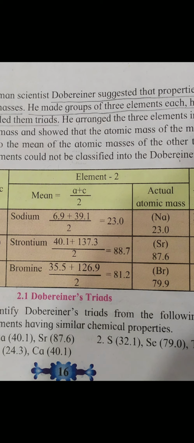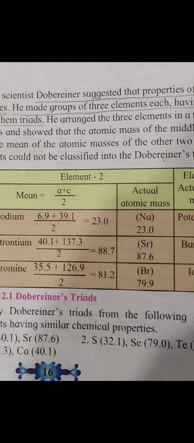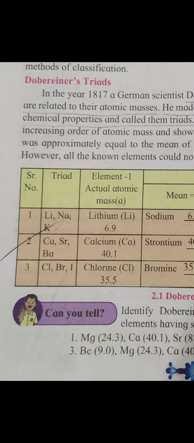See the mean of those two elements, that is 81.2. See, the actual atomic mass of bromine is equal to 79.9. That is approximately equal to the mean. So these three are Dobereiner's triads.